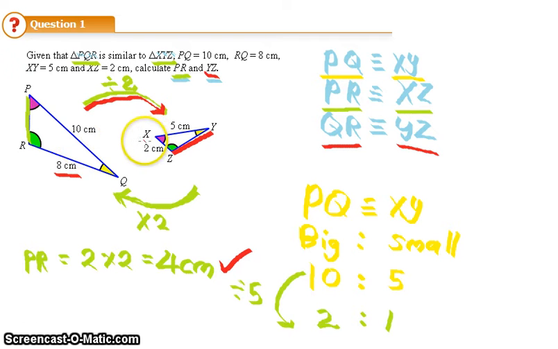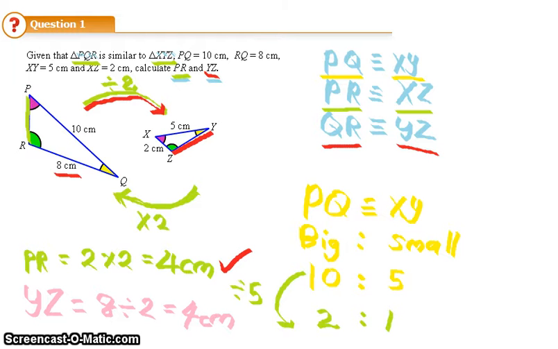It's either magnified or shrunk by 2 times. So to find out what's YZ, since it's 8 cm on RQ, we divide by 2. 8 divided by 2 is equal to 4 cm. There you have it.